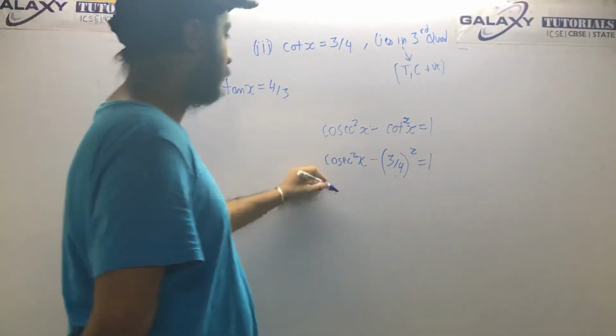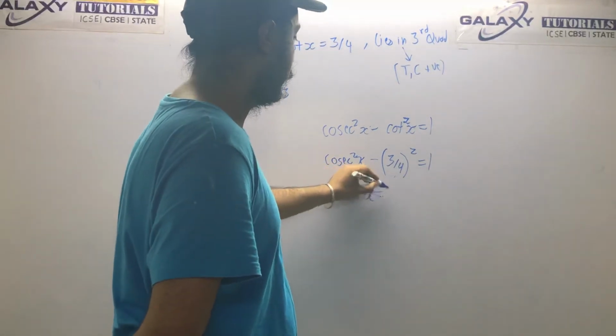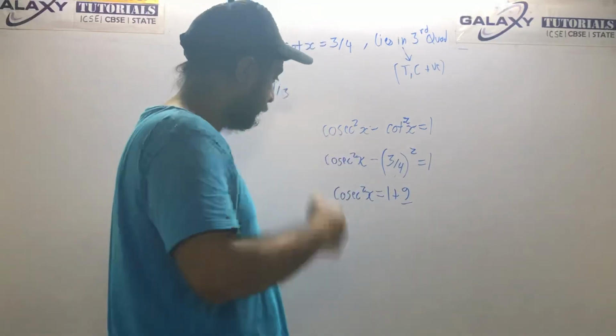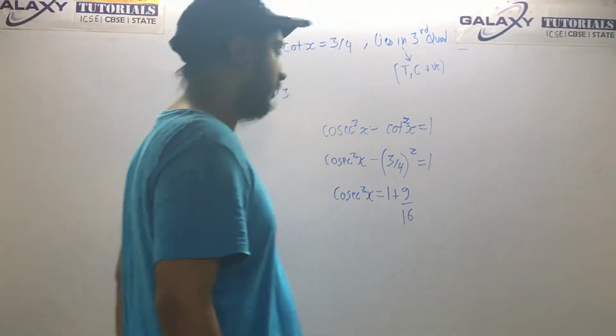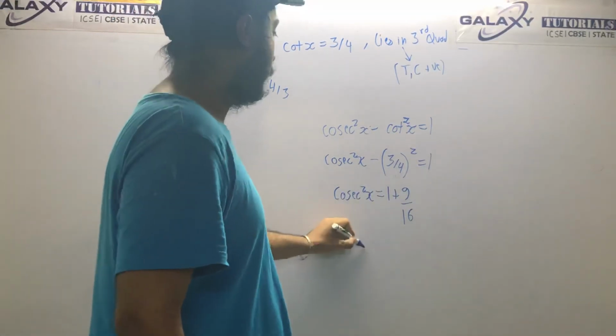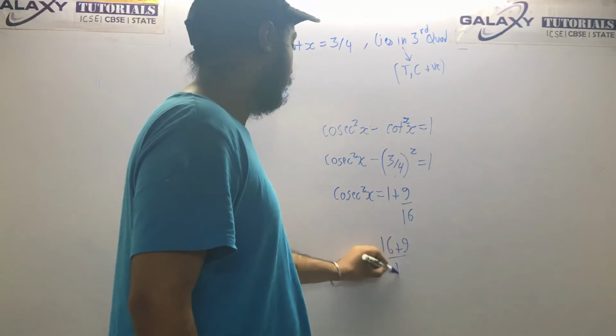So 1 plus 9 by 16. 3 square is 9, 4 square is 16. So this will be equal to, LCM is 16, 16 plus 9 upon 16.